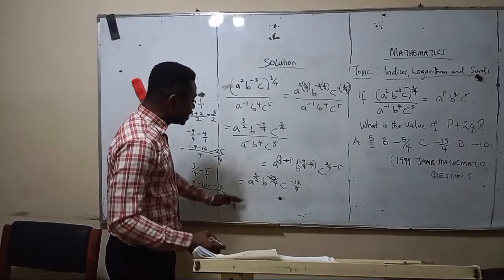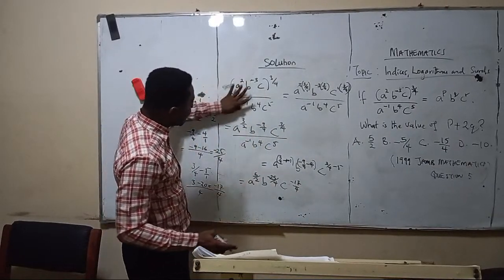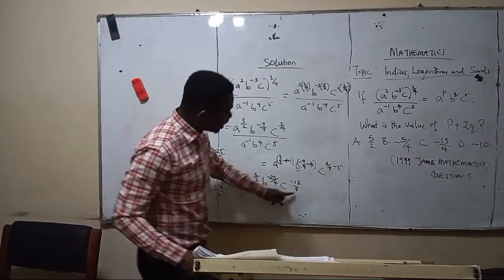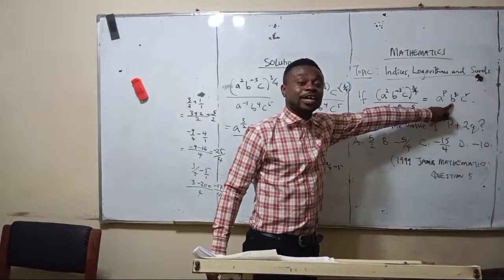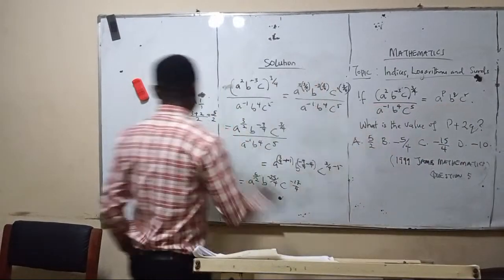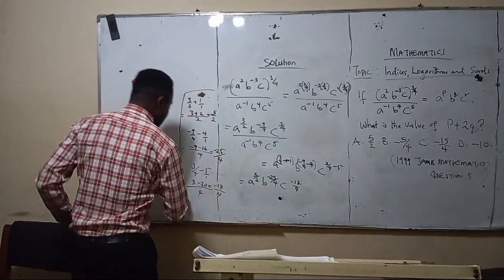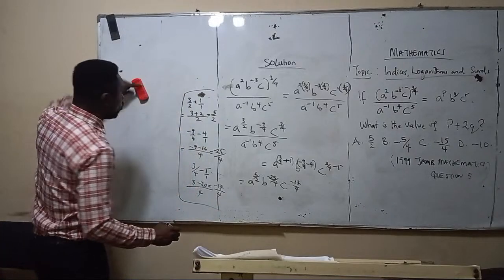We have simplified this whole thing to be in this form. It's now the same form with a raised to power p, b raised to power q, and c raised to power r. Alright, so let us now equate the two of them.